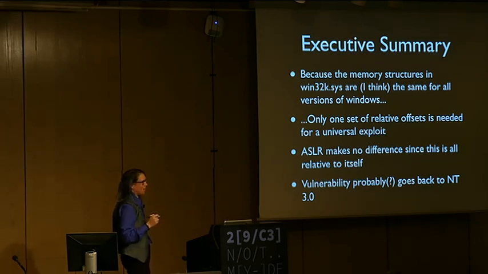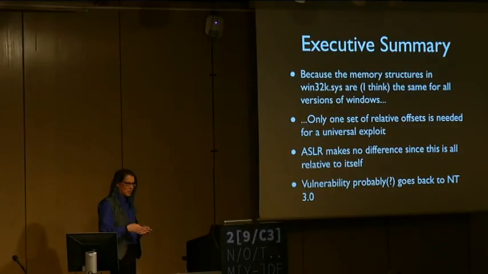Because looking around online at open source TrueType stuff, basically all of it was written in 1988 and last revised in 1993, and nobody's touched it since. So I think all of the structures, I haven't actually looked at all the kernels to verify this, but I think all the structures are the same size, so all the offsets are always the same, and they're all relative.